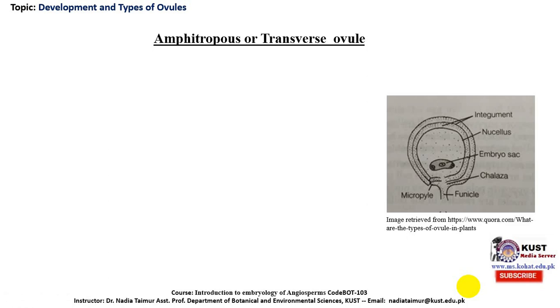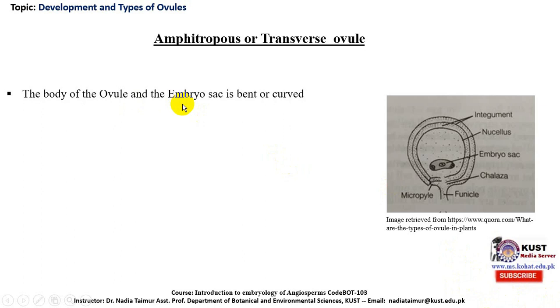So the next type of ovule is called Amphitropous or Transverse ovule. In this type of ovule, the body of the ovule and embryo sac is bent or curved. So in this case, both the embryo sac and the body of the ovule are curved.